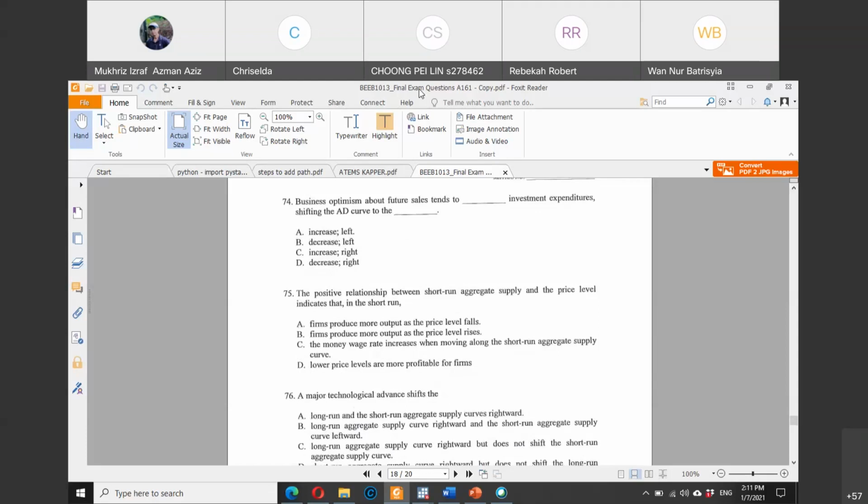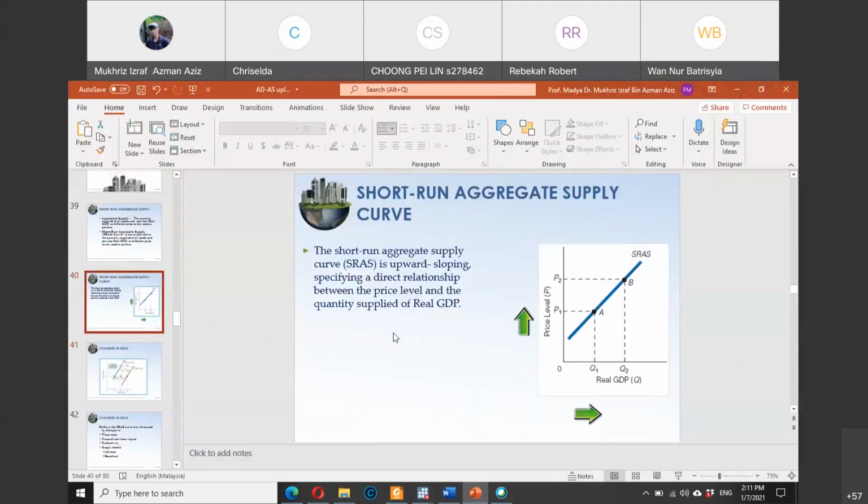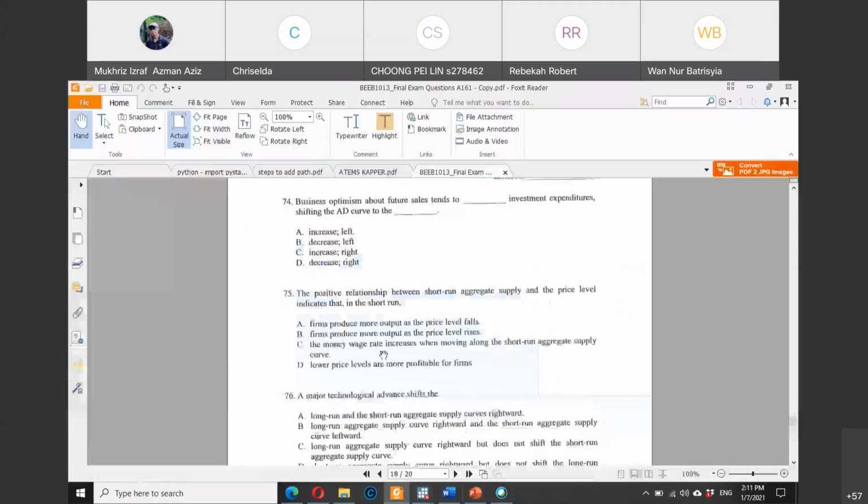Okay, 75. I think this is very straightforward. The supply curve shows the relationship between price and quantity. So the answer should be B. That's what you choose there.